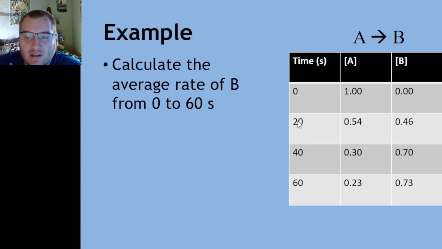If I found the rate from 20 to 40, I'd assume that 30 would be somewhere in the middle of that. So the average rate from 20 to 40 would be pretty similar to the instantaneous rate at 30, but not exactly. So in class or on a test, I might ask you to estimate the instantaneous rate at a certain time, and you could just use the two numbers around that time to get a decent estimate of what it would be.